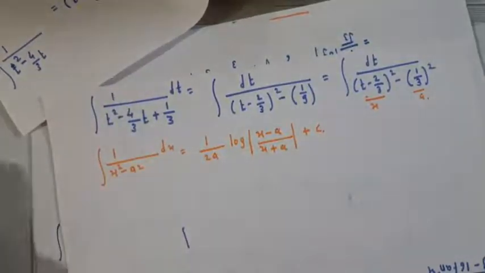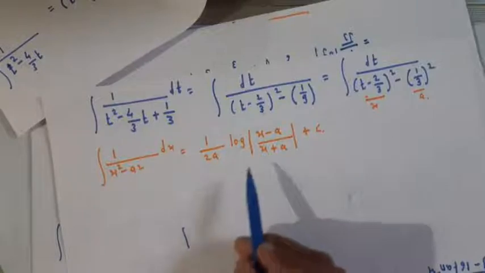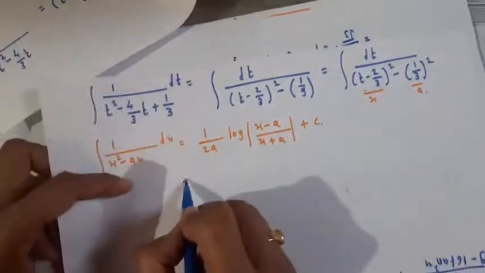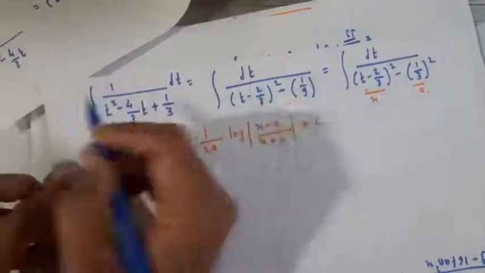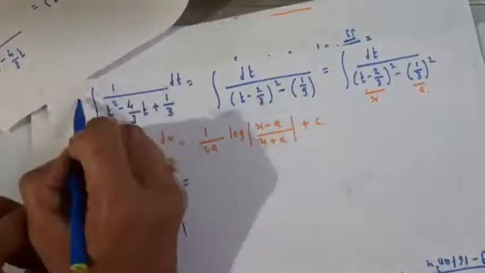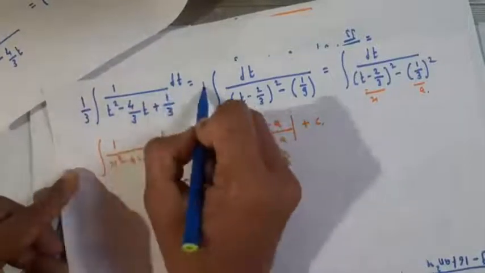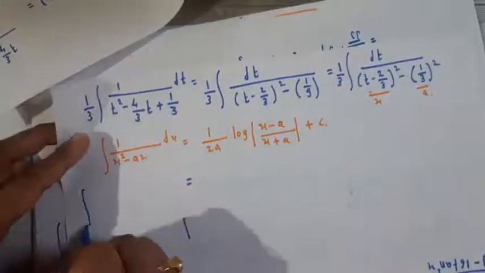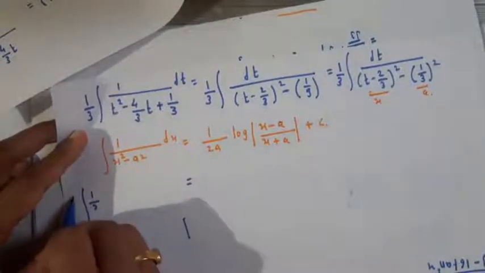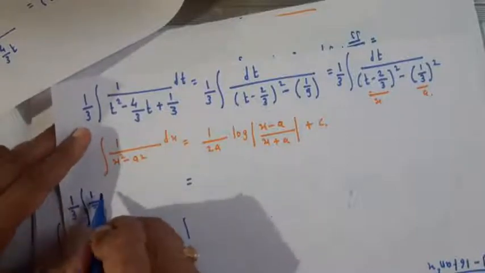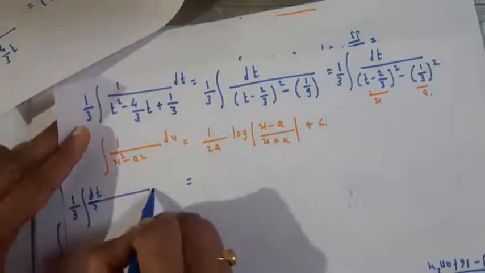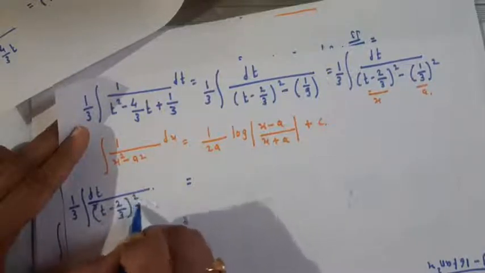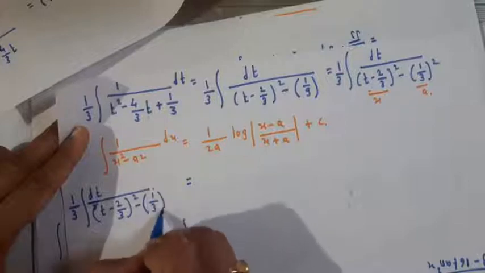Okay students, so the value of a is 1/3. So 1 upon 2a. Students, this we have common out 1/3, so the term 1/3 is also there. So integration of 1/3 as a constant, with respect to t, of (t − 2/3)² − (1/3)².